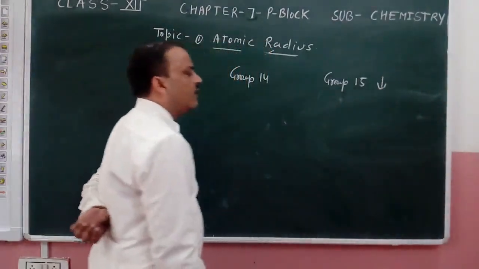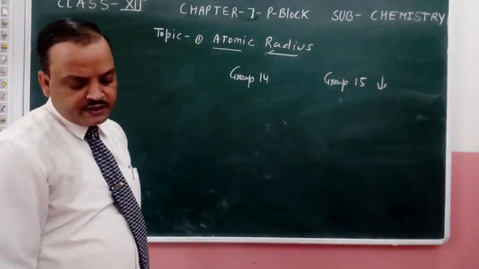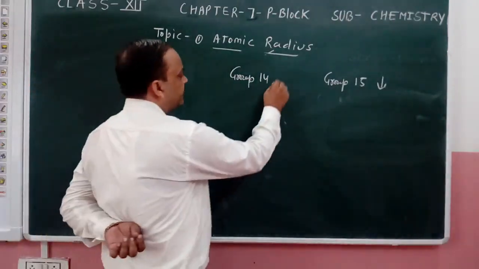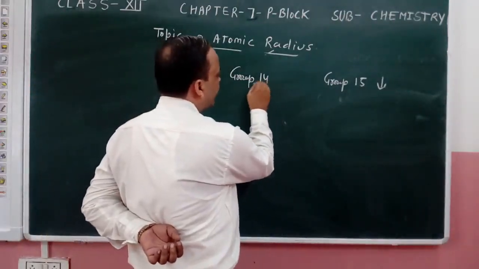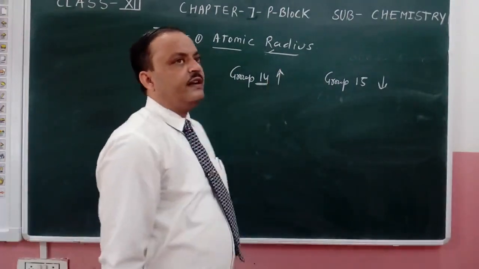Atomic radii of group 15 are smaller in comparison to the elements of group 14.